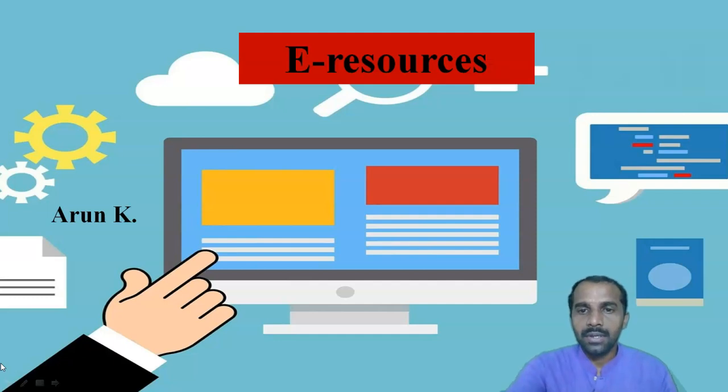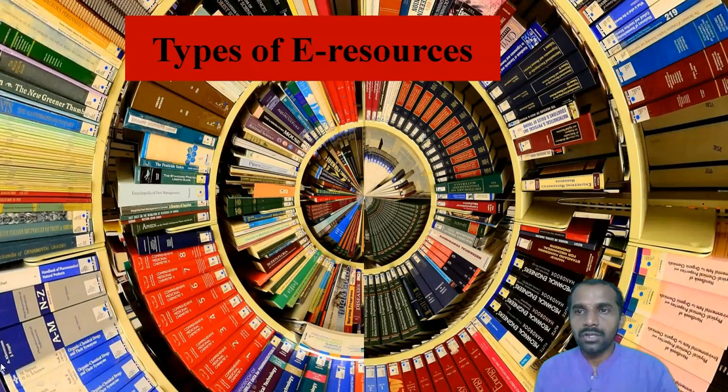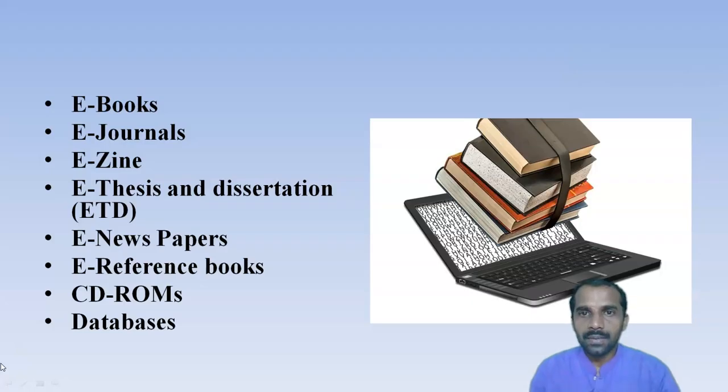The e-resource is distribution of information in any electronic form such as CD-ROM, floppy disk, or magnetic tape, or across a computer network like journals, e-journals, e-books, etc. Types of e-resources: e-books, e-journals, e-sites, e-thesis and dissertation, e-newspapers, e-reference books, CD-ROMs, and databases.